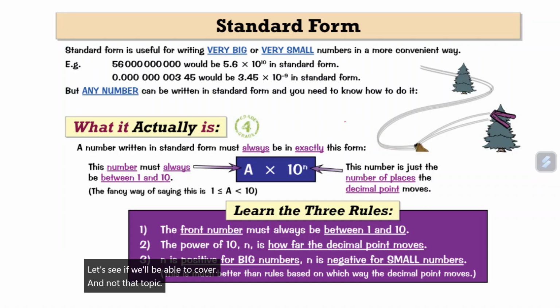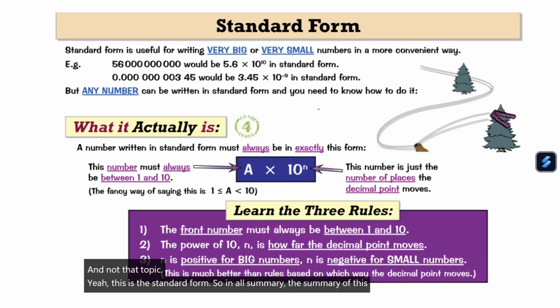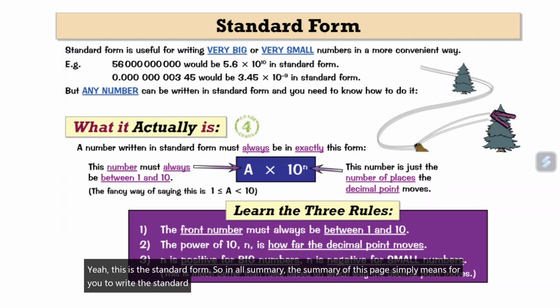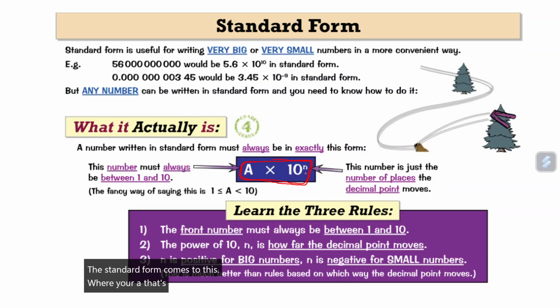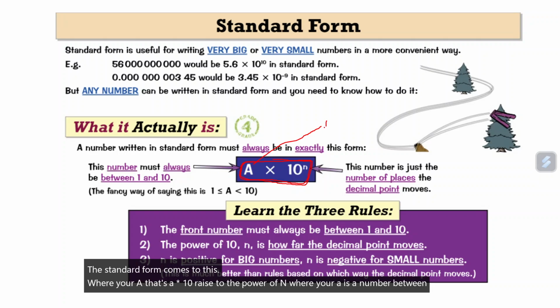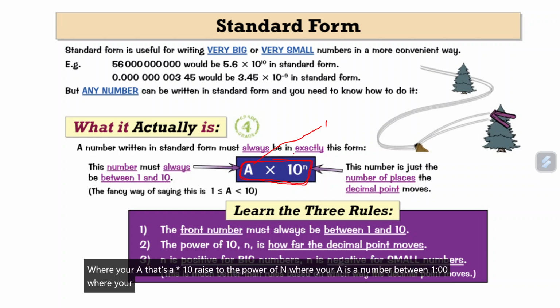Yeah, this is the standard form. The summary of this page simply means for you to write the standard form. The standard form comes to this, where your A, that's A times 10 raised to the power of n, where your capital A is a number between 1 and 10.